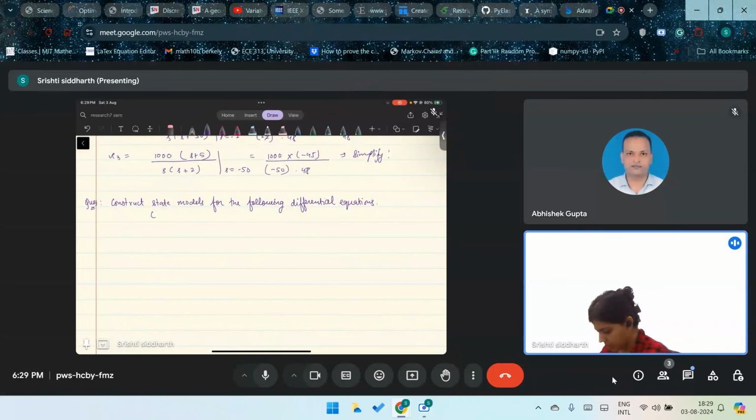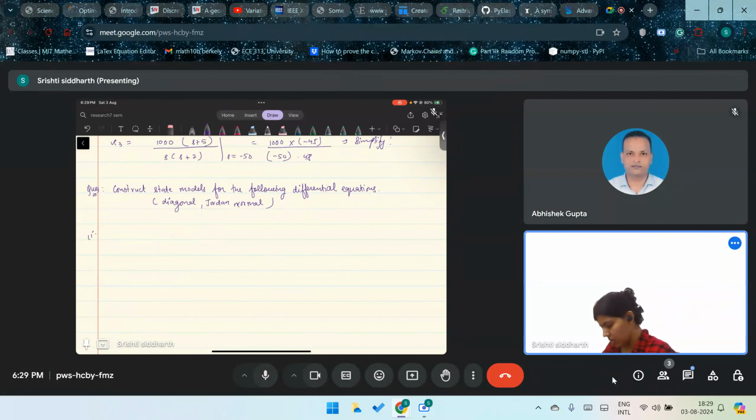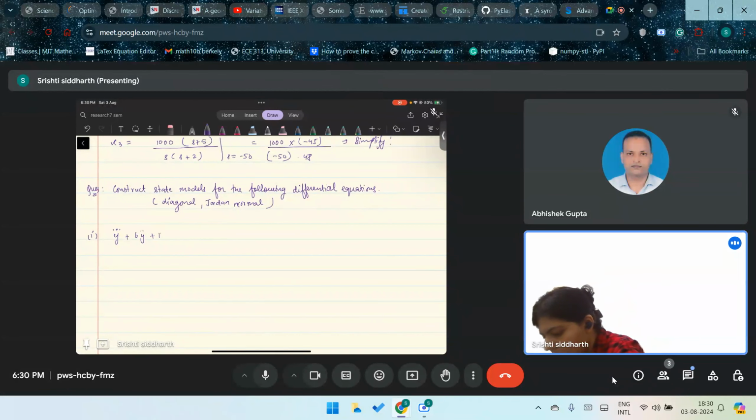So again by this I mean the diagonal form or the Jordan one, whichever is applicable. Alright, so let's start with the easy case. We have the third order derivative of y plus 6 times the second order derivative plus 11y dot plus 6y equals u.